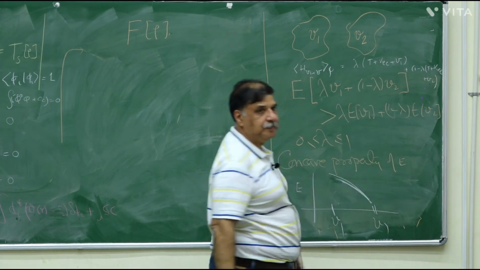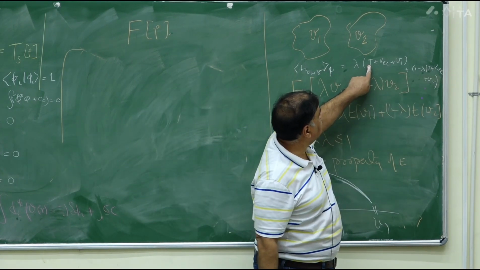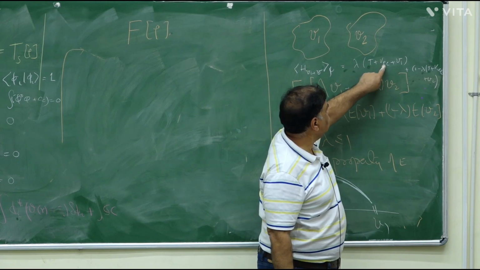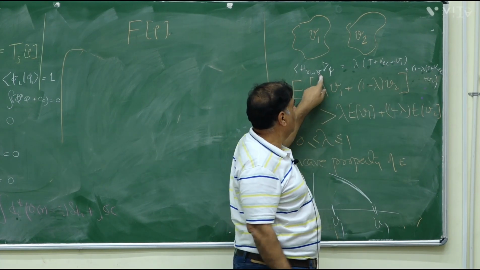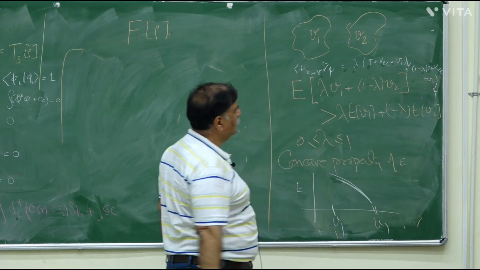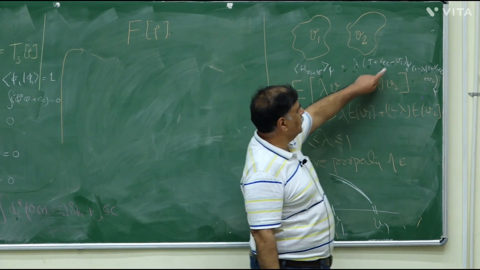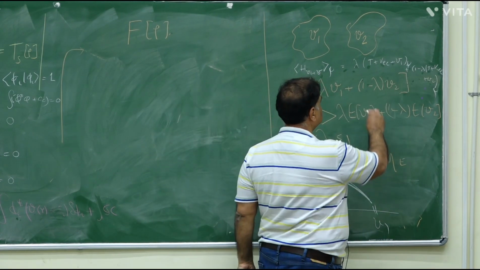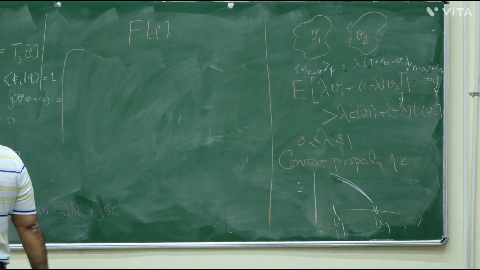That's exactly the same Hamiltonian, because lambda T plus (1 minus lambda) T gives me the kinetic energy operator, and likewise for Vee and for the potentials. And this I'm taking with respect to psi. Now the wave function for T plus Vee plus V1 would be different from psi. So by variation you can split it. This is just to give you an idea.